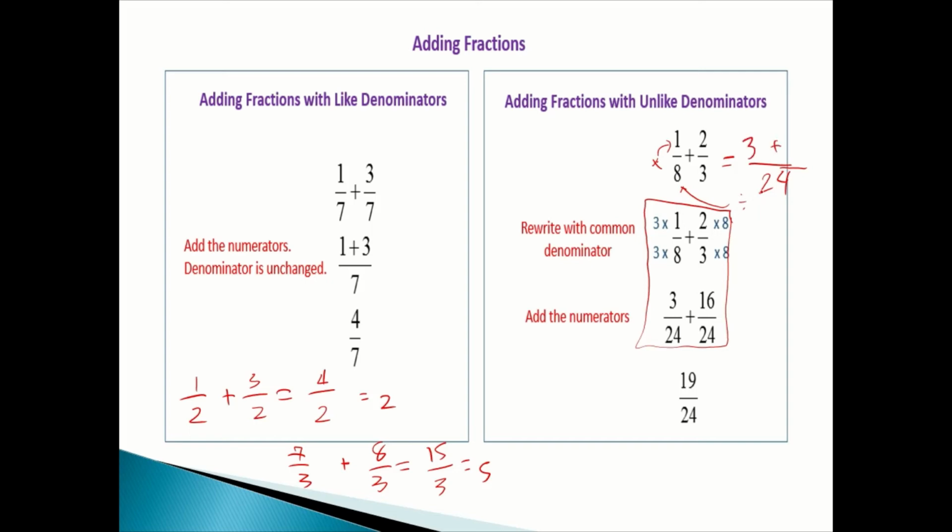After that, plus 24 divided by 3 times 2, that is 8 times 2, 16. Therefore, 3 plus 16 is 19. That's equal to 19 over 24. You can also do this process on the box. We will get the same answer, which is 19 over 24.